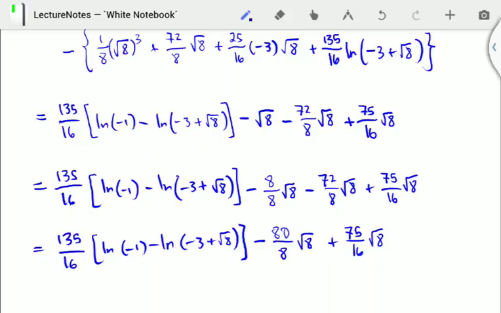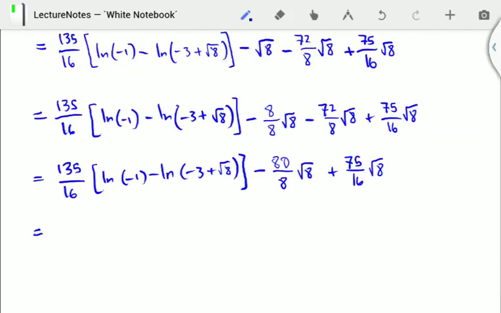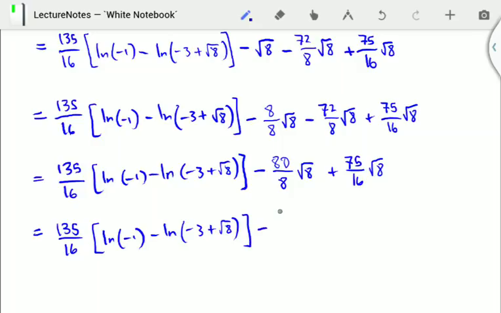And then we can combine these two further, by multiplying the numerator and denominator of 80 over 8 by 2, so that its denominator will become 16 as well. So this will become 160 over 16 square root of 8 plus 75 over 16 square root of 8.